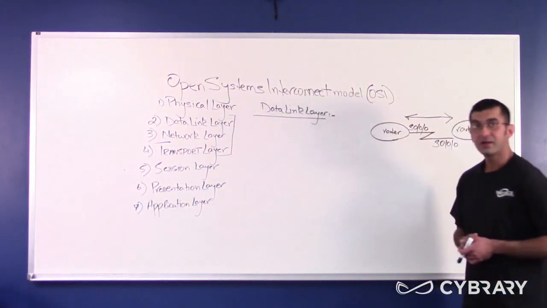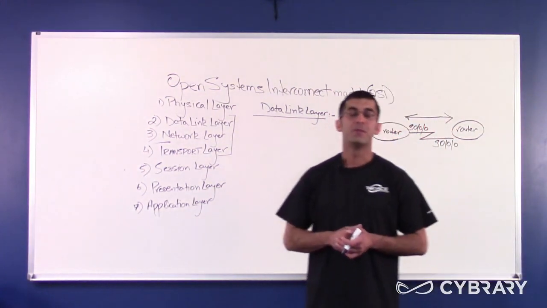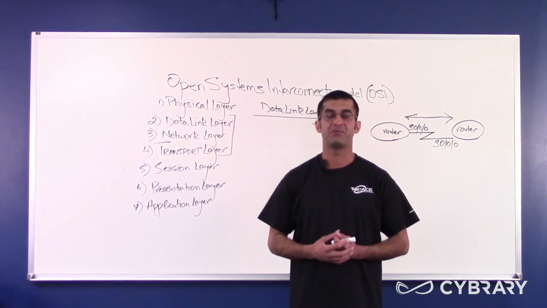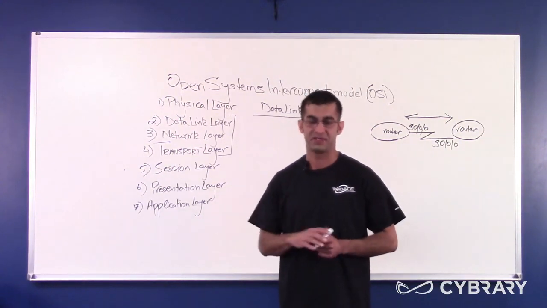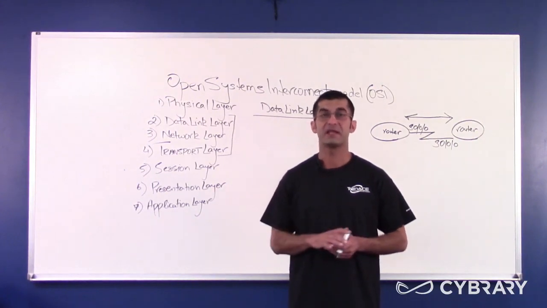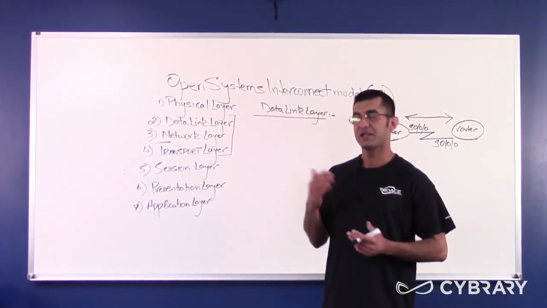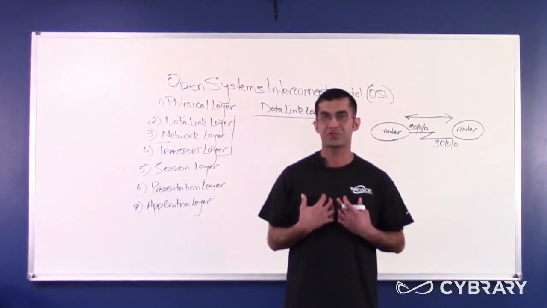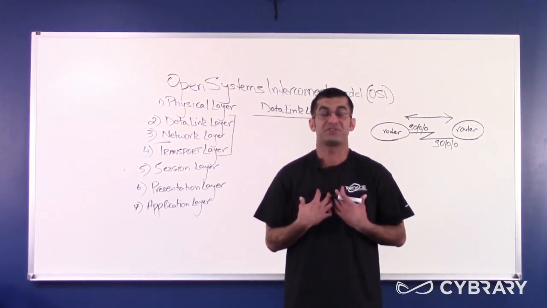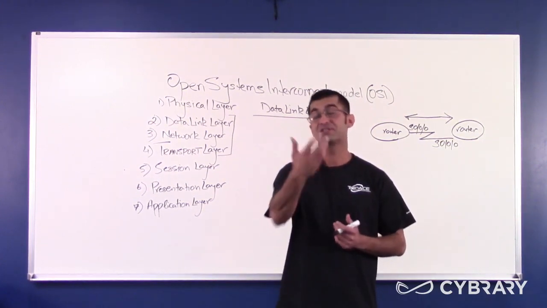In a similar manner, at layer 2, you need an addressing scheme. The most common addressing scheme that we see at layer 2, and there are others, but they coincide with a later part of the class, and I will bring them up when pertinent. But the data stream at layer 2 needs a source address from which the stream is sent, and a destination address which the stream is sent to.